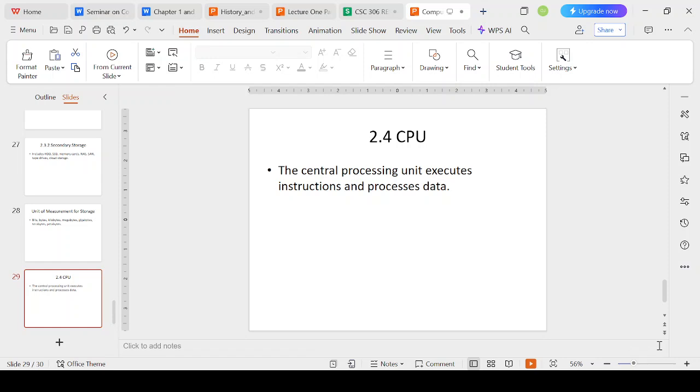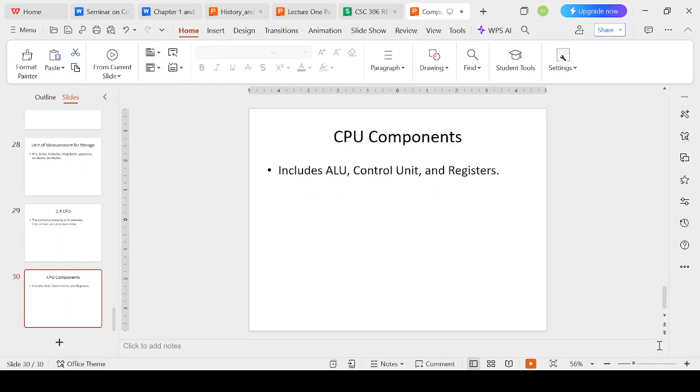When a system has one processor, we regard it as the CPU, central processing unit. The central processing unit is the brain of the computer that executes every instruction and processes data in the computer system. This CPU is made up of the arithmetic and logic unit, control unit, and registers.